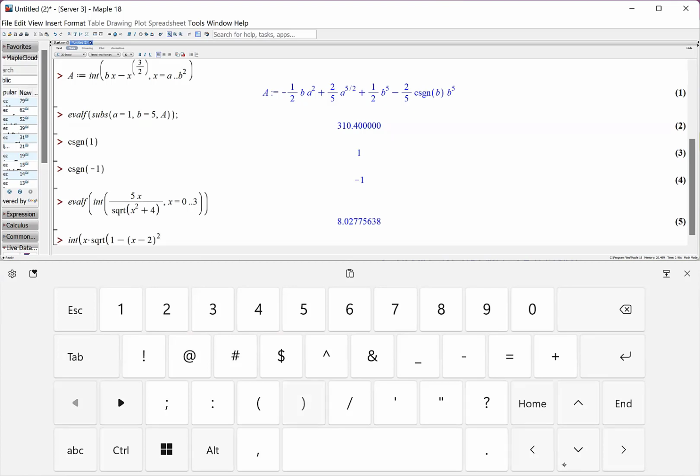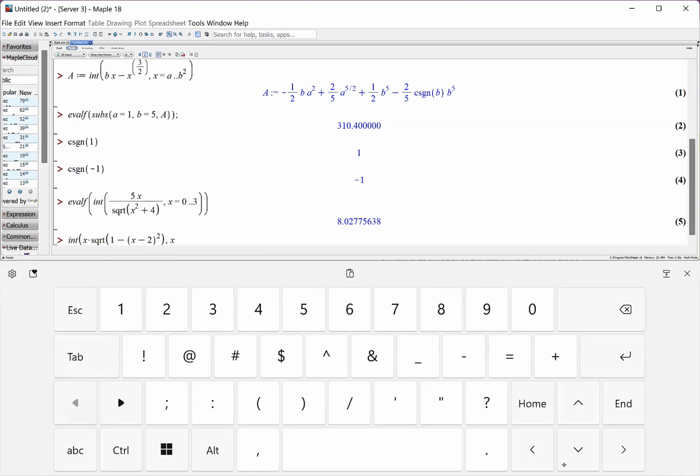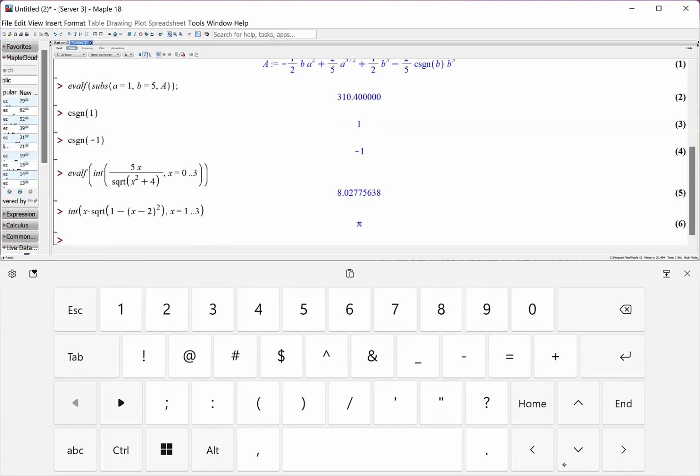Is that right? Yeah. Square root, times, yeah, okay. But they say that x is from 1 to 3. Is that correct? Yeah.